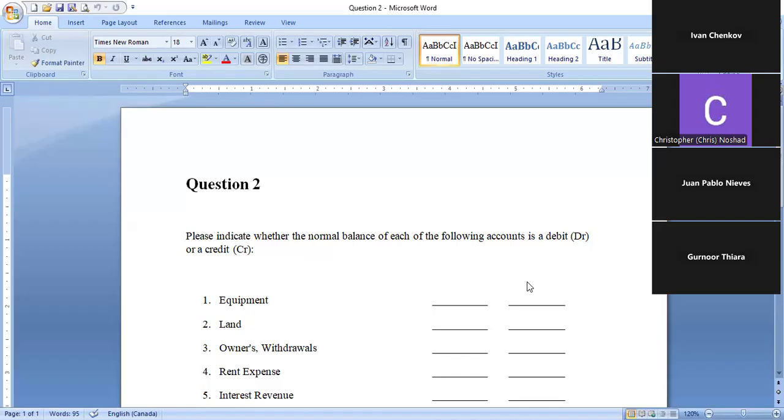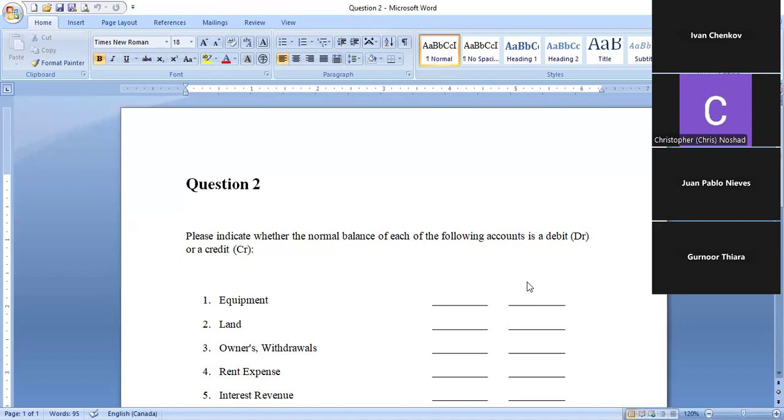That's why expenses have a debit balance. Which accounts increase the owner's capital? Investment, revenue. Those have a credit balance. So let's see, owner's withdrawal, remember it, withdrawal account, normal balance debit.